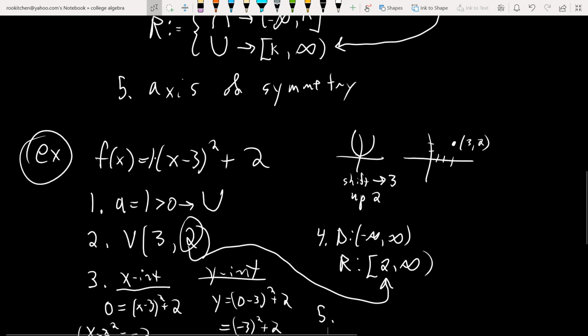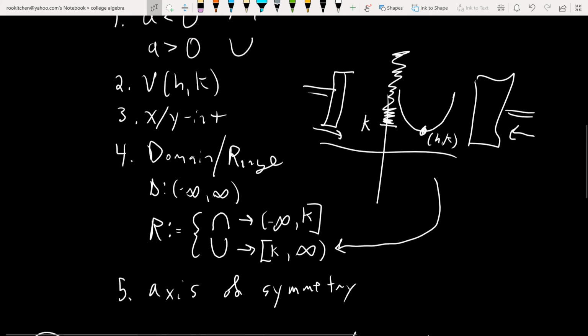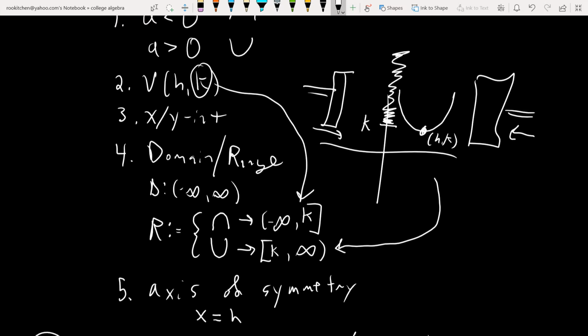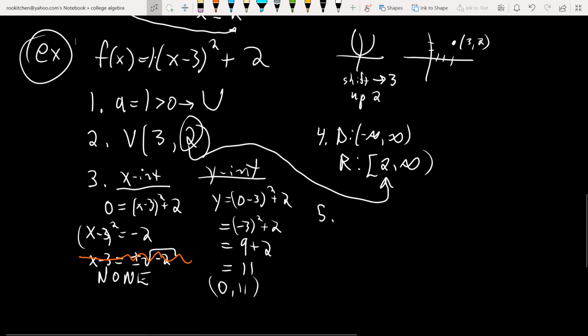The axis of symmetry is always x equals the x coordinate of the vertex. So it's always x equals h. So for the range, you're borrowing k from the vertex. For the axis of symmetry, you're borrowing h. So finally, our axis of symmetry is x equals 3.